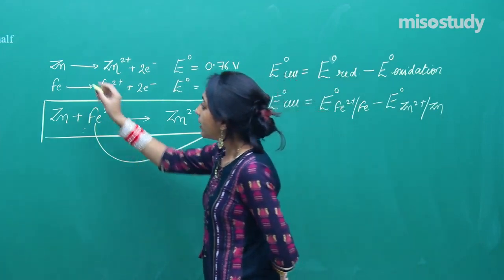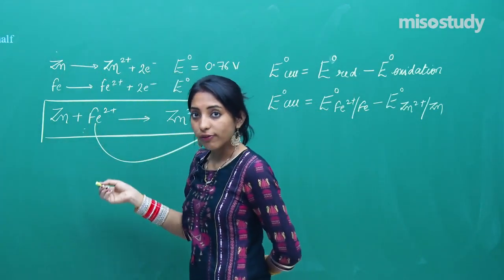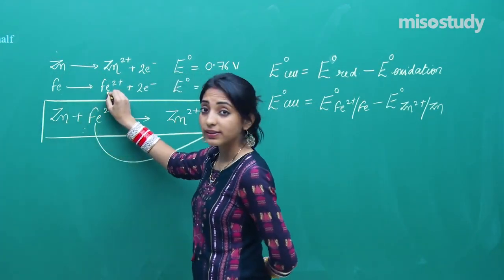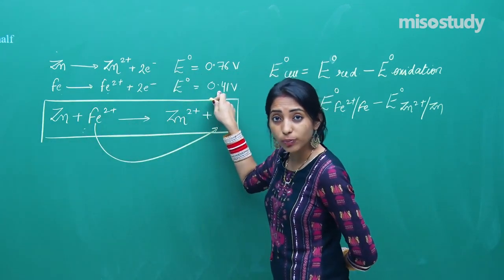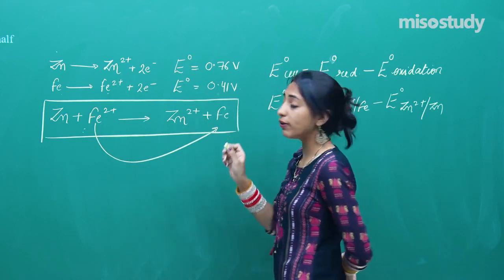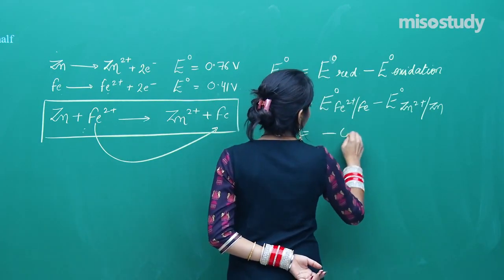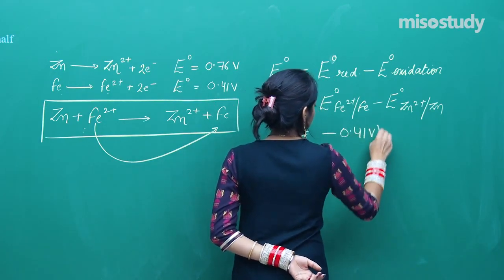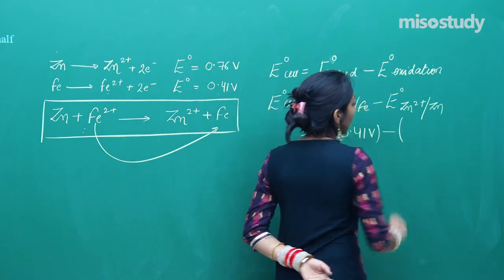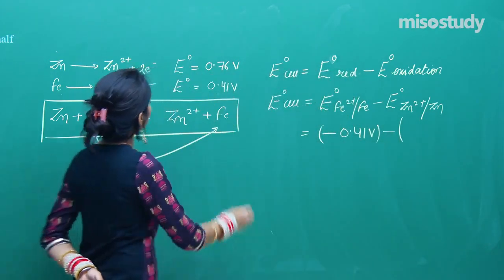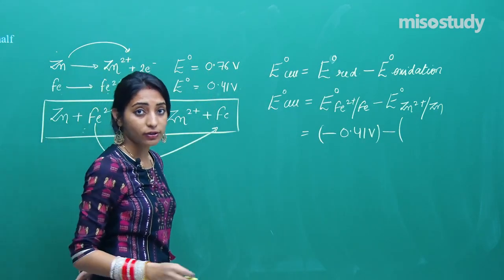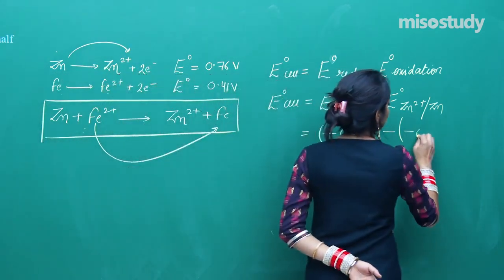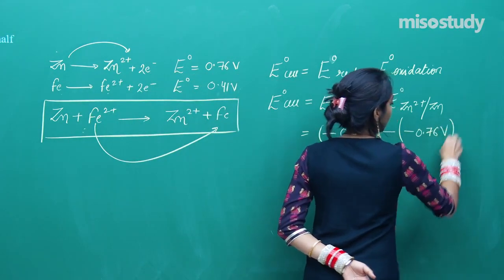For Fe to Fe2+, the oxidation value is given to be 0.41, so the reduction potential will be minus 0.41. Substitute it here. Minus, for Zn to Zn2+, the value was 0.76, so the reduction potential will be minus 0.76.